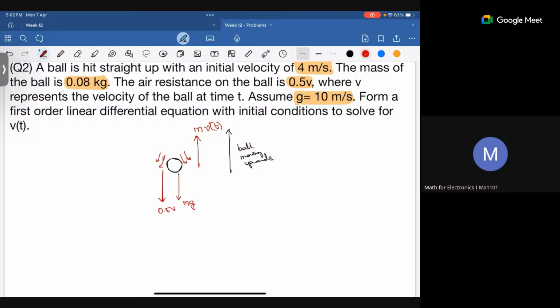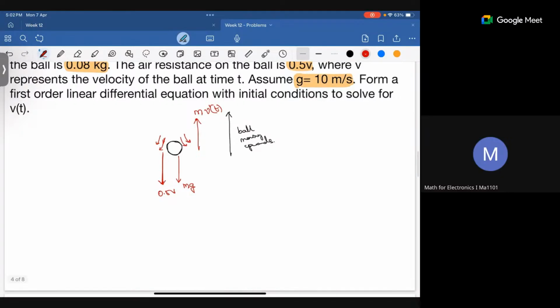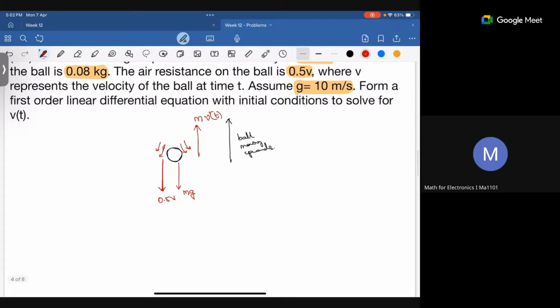So what we will have is m v prime of t should be equal to, since these two are acting in the negative direction, minus 0.5 v minus mg.